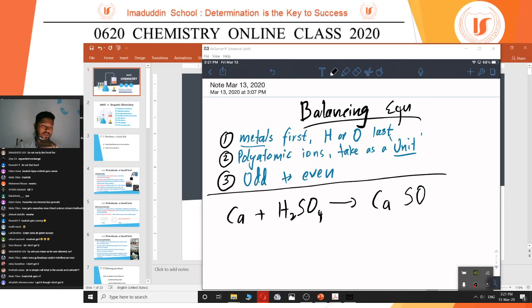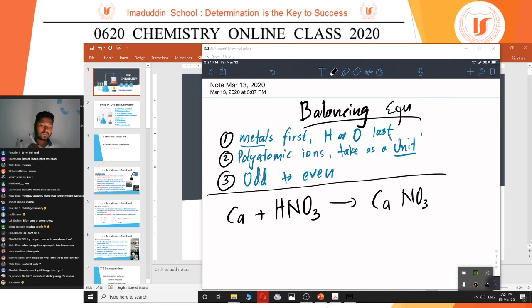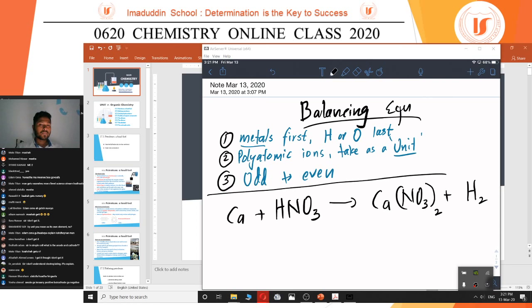It will be better to take nitric acid instead of sulfuric acid. Calcium nitrate plus H2. So you have an equation like this.